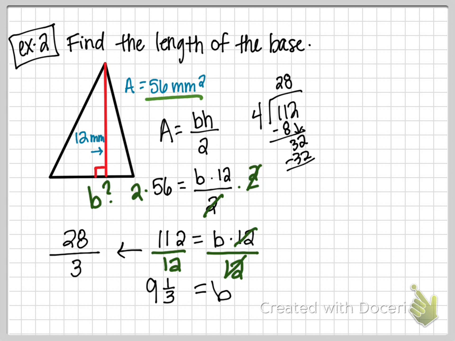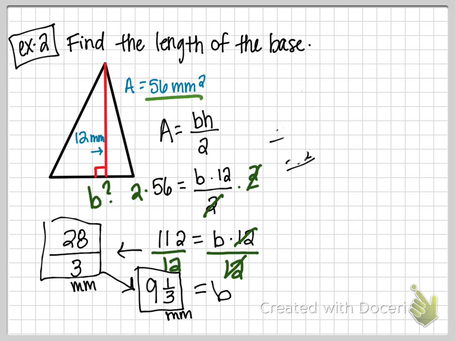So you could say 28 over 3, or if you changed it into a mixed number, 9 1/3. And we need to label it. This is in millimeters. That one's pretty annoying. I hope that we generally get whole numbers rather than fractions, because that's just kind of annoying to work with.